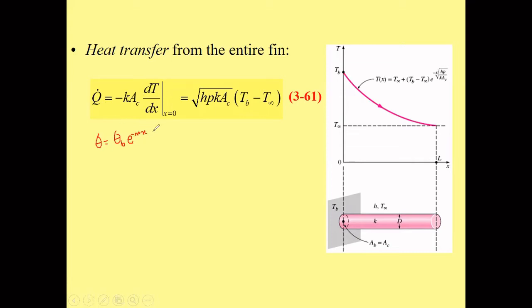So how to find this? Yes, you differentiate this, you will get negative m theta b e^(-mx), right? So you substitute this into here, but because there are two negatives here, the q here you will get k, right?